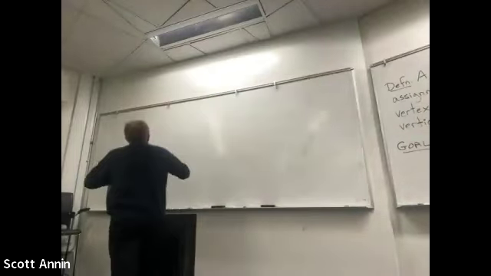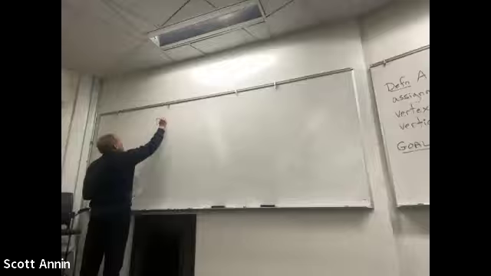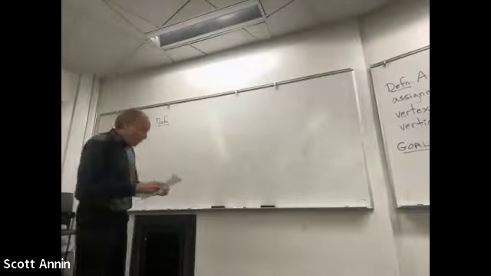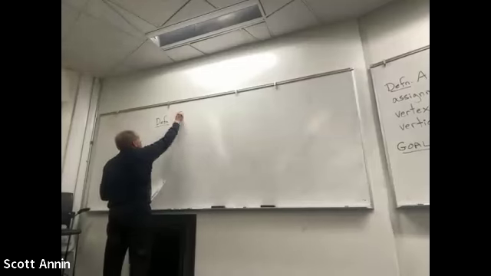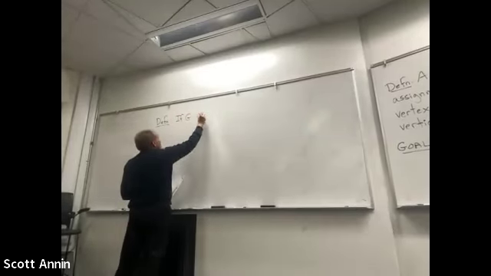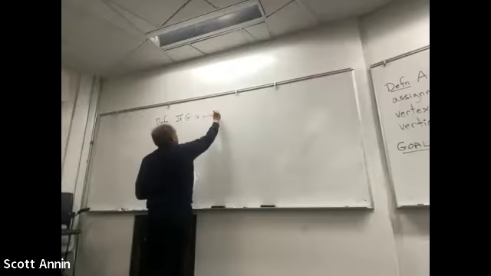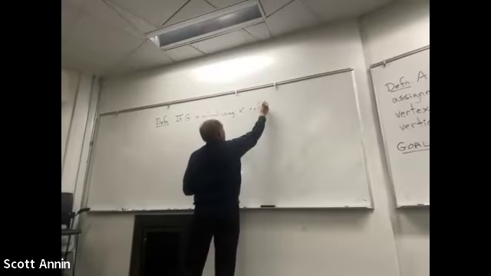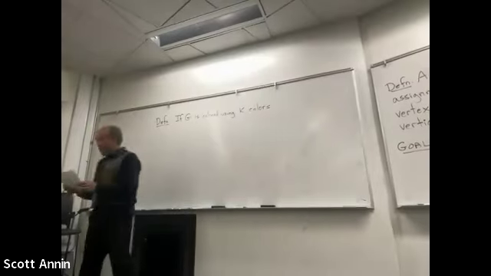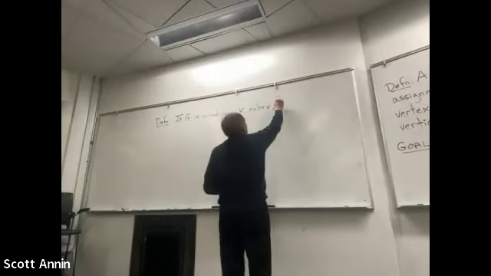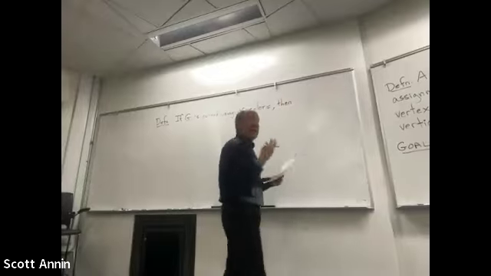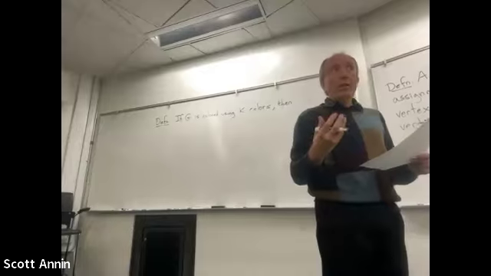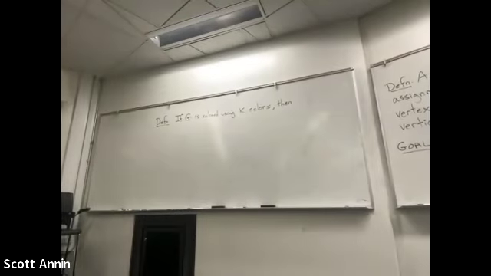Okay, another definition related to this whole concept of coloring a graph. Let's say we have managed to color G using K colors. What this basically does is it partitions the vertices into groups according to color.